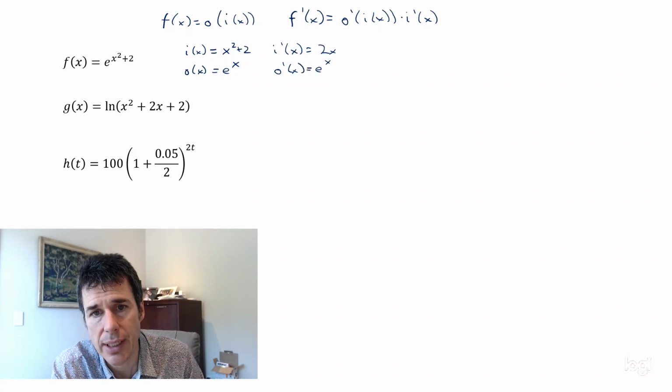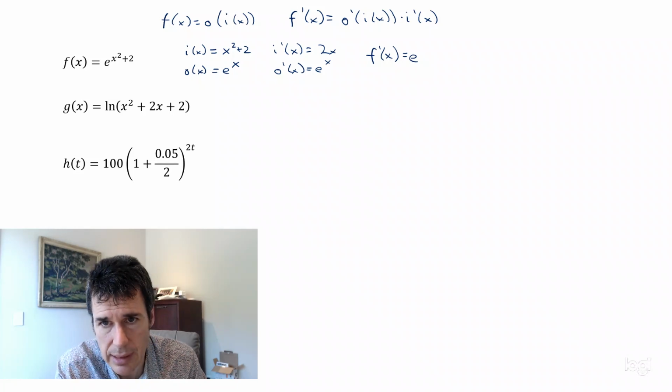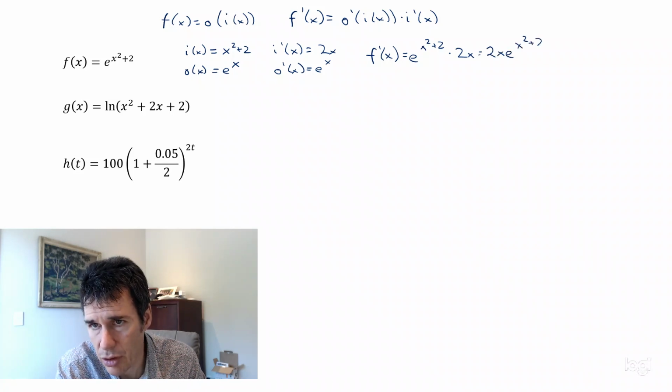And now we can write down our derivative by using our formula. So it's the derivative of the outer function, e, applied to the inner function, so e to the x squared plus 2, times the derivative of the inner function, 2x. So that's 2x e to the x squared plus 2.